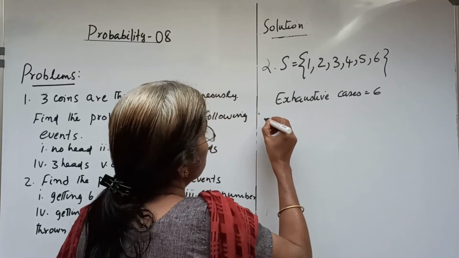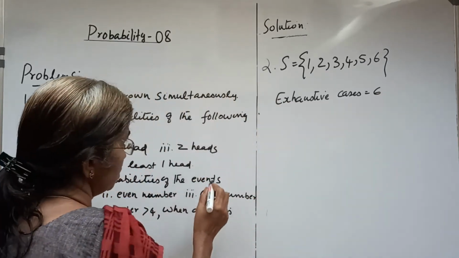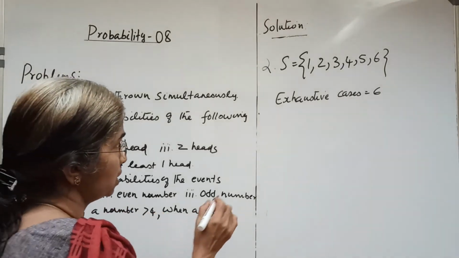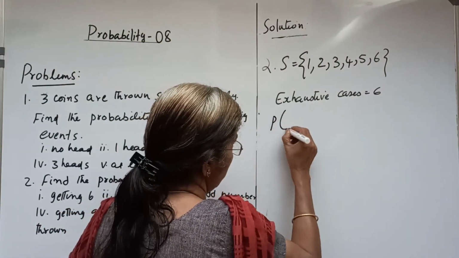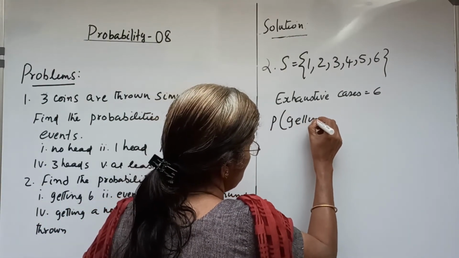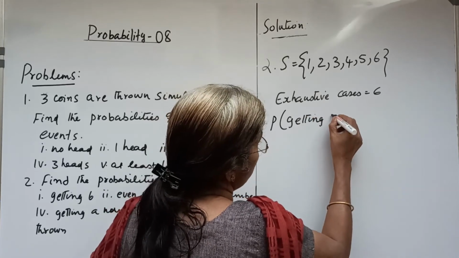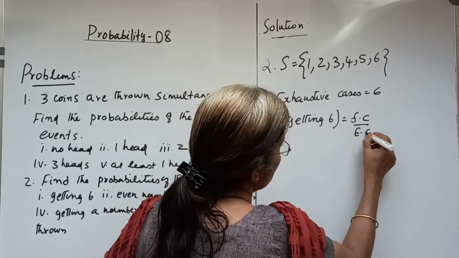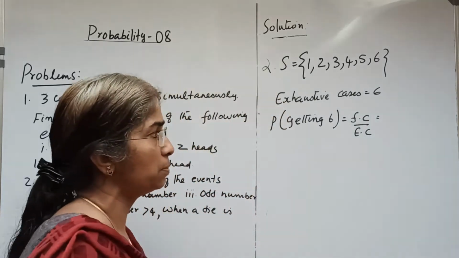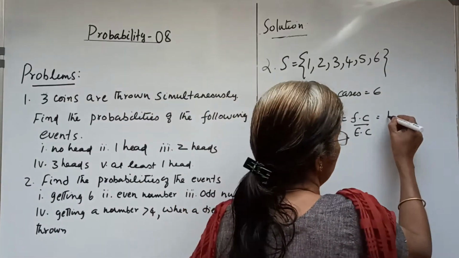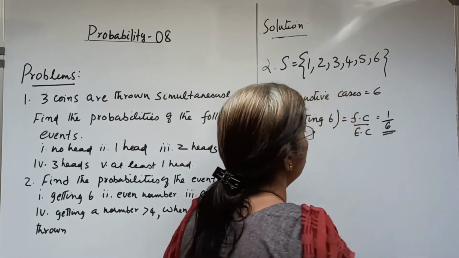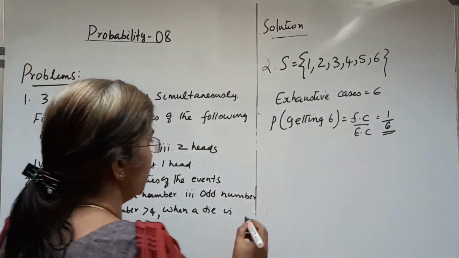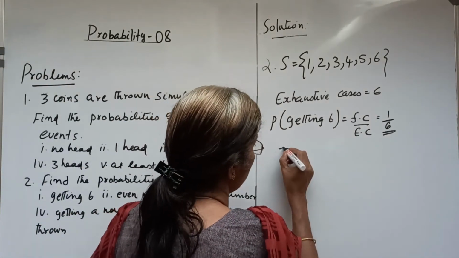Now we consider these events. What is getting 6? Probability of getting 6 equals favorable cases divided by exhaustive cases. So 6 is the only possible result, so 1 by 6 is the probability of getting 6. Now probability of getting an even number.